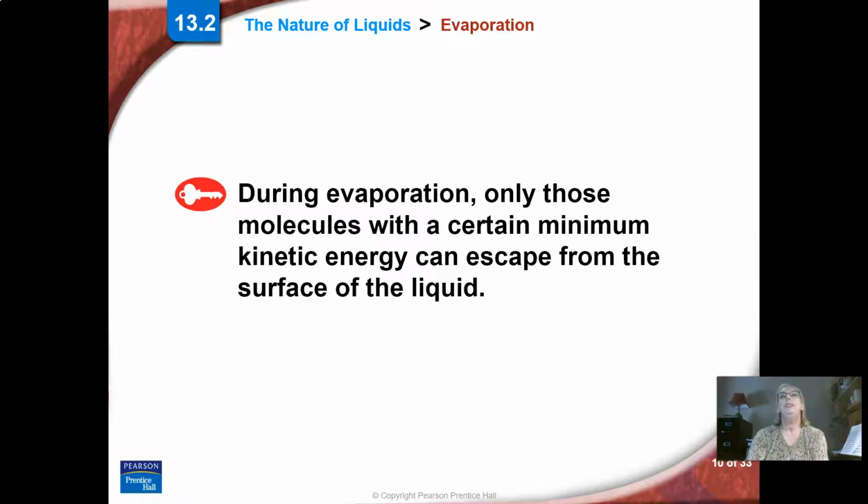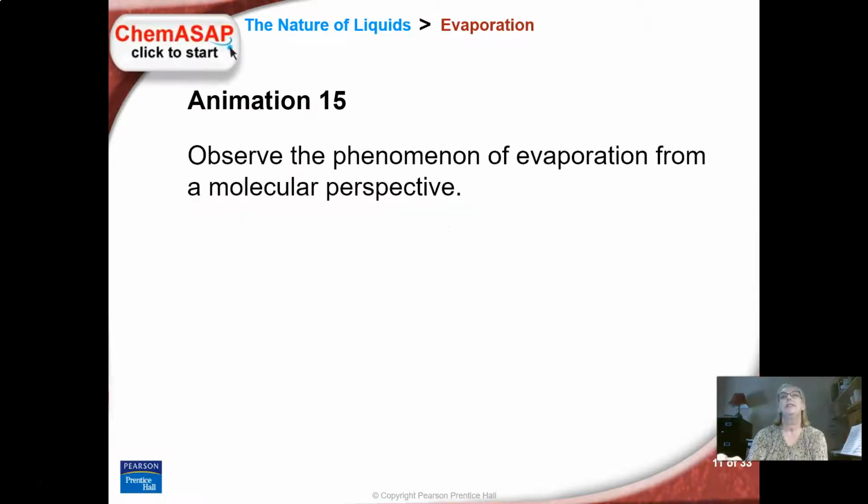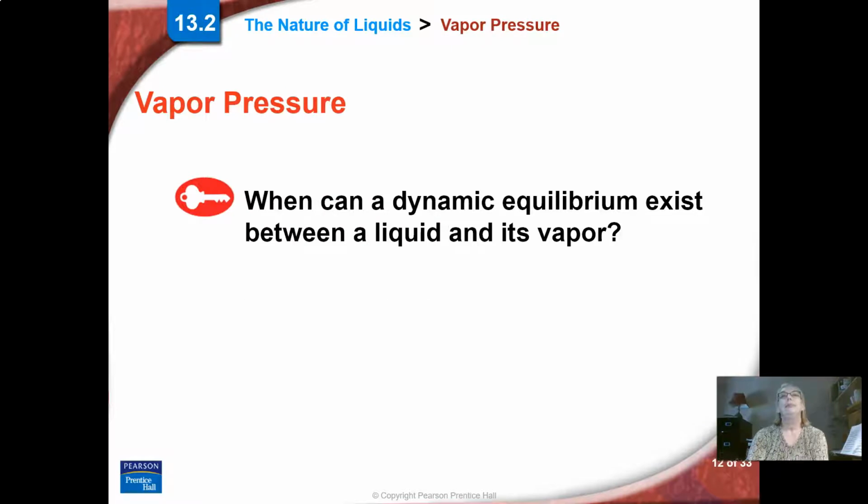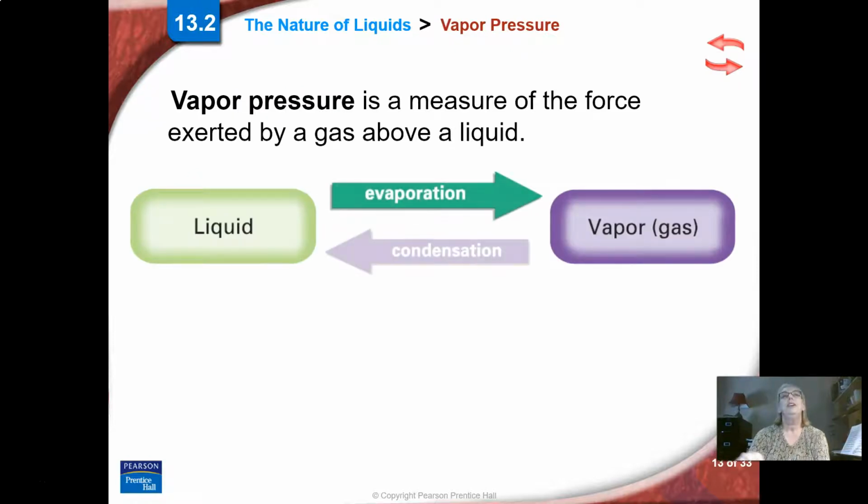During evaporation, only those molecules that have that minimum kinetic energy, enough energy to escape, can jump up into the gas phase. So when can we have that going back and forth between liquid and vapor, like I've shown you in the greenhouse? Vapor pressure is a measure of the force exerted by a gas upon a liquid.